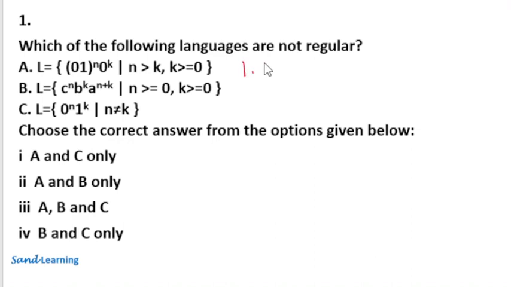Regular language is recognized by the finite state automaton. This finite state automaton has no memory elements. This finite state machine will start from the initial state and recognize each symbol, and it would reach the final state. If it reaches the final state, then the string will be accepted.